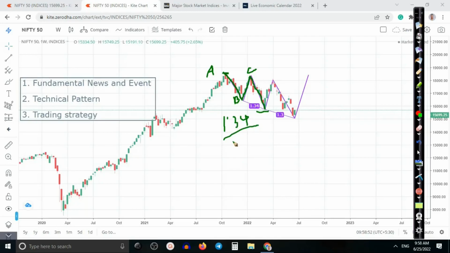This is the extension point. And here you can see price pulls back again, and that extension is around 1.3. When they form this type of pattern, there is a probability that price reverses from this area.